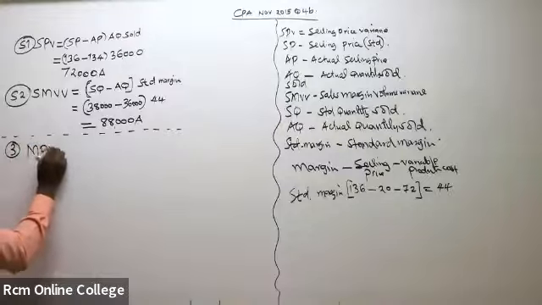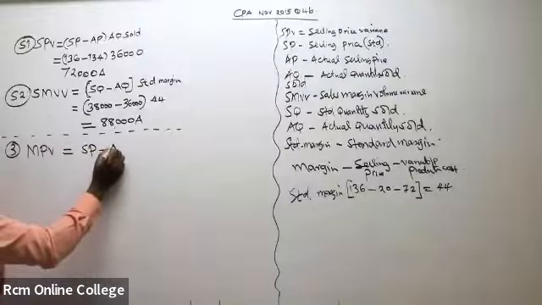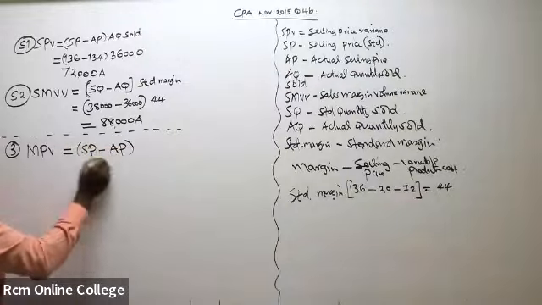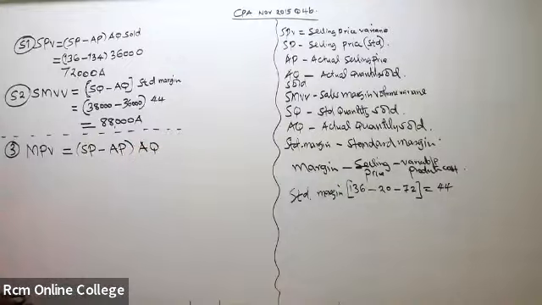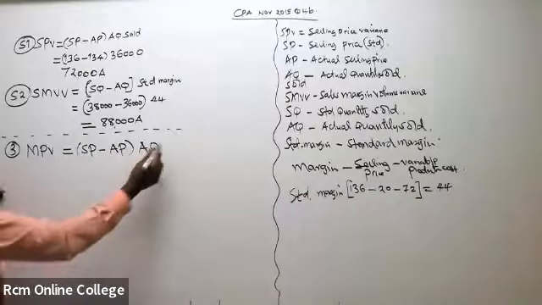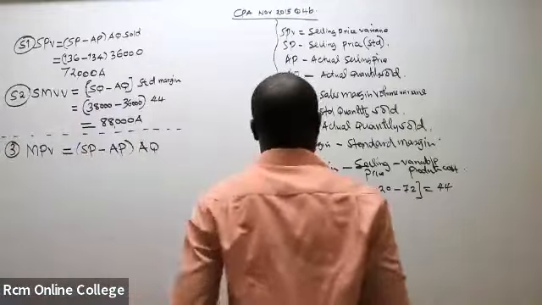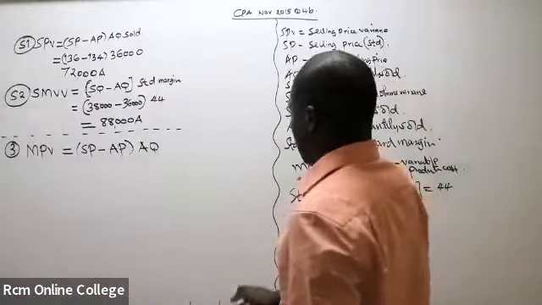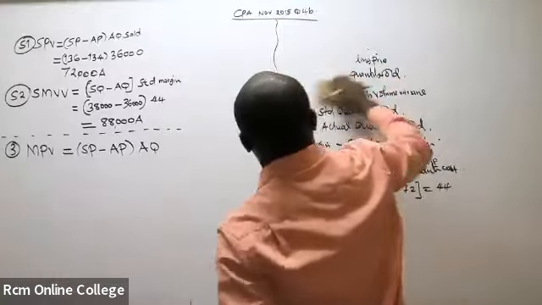Material price variance is equal to standard price minus actual price, then multiply by actual quantity of raw material.